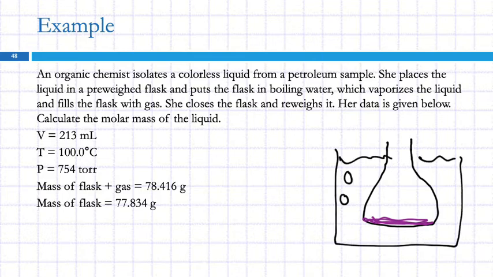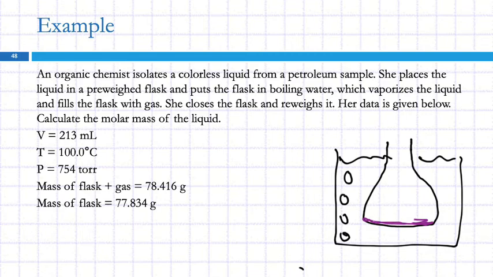It's bubbling, right? Boiling. That's going to heat the flask and what's inside. And as this volatile liquid, which evaporates easily, begins to evaporate, it will get into the gas state and begin to fill the flask up. It also pushes the air that was in there out. So it goes into the gas state.